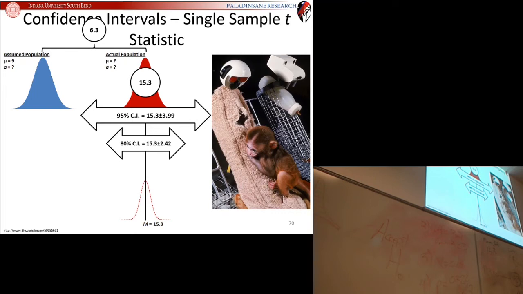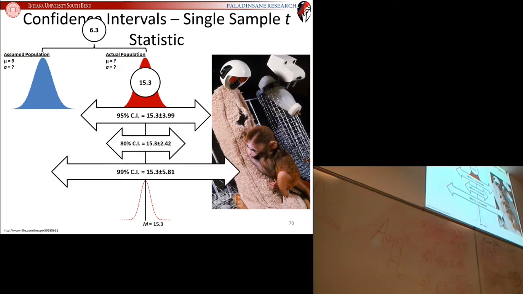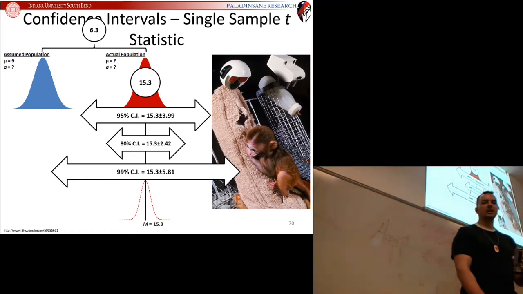Right? So now we got 15.3 plus or minus 2.42 hours. If you got to be 99% confident, your range goes up to 15.3 plus or minus 5.81 hours. So the size of your interval is directly tied into the confidence level. The more confidence you need, the wider your interval has to be.